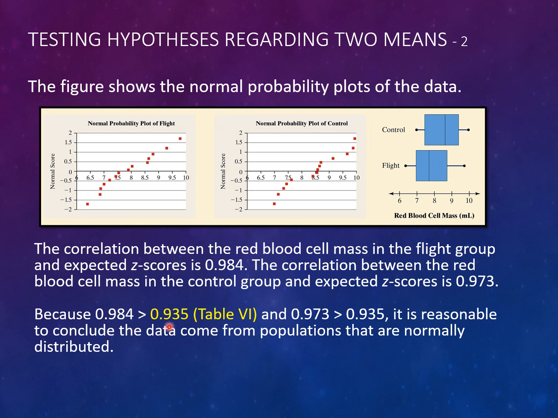Both 0.984 is greater than 0.935. Now remember, this is from table 6, based upon the degrees of freedom and the number in the sample. And then also 0.973 is greater than 0.935. Since both of these correlation values are greater, it's reasonable to conclude that the data comes from populations that are normally distributed.